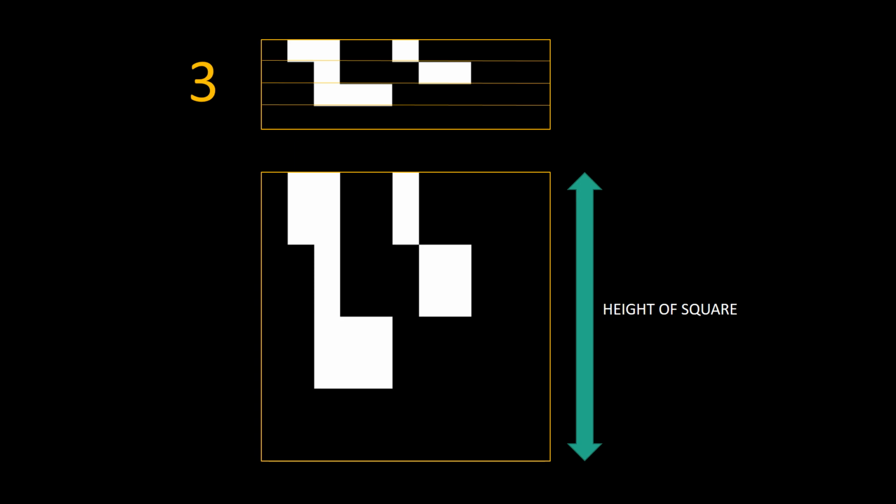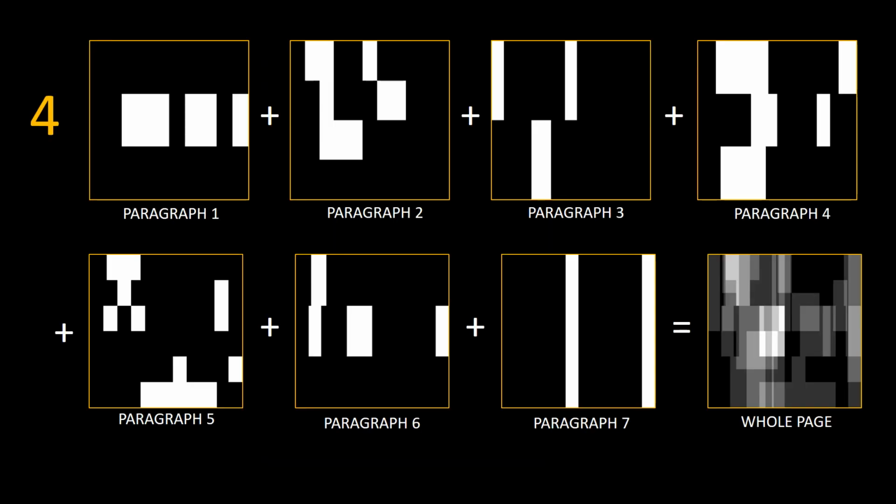Third, stacking the rows representing each paragraph and stretching the stack vertically to the height of a square. And then, fourth, overlaying and averaging the stretched images for all paragraphs. The result is a square grayscale image in which brighter or darker areas correspond to relative positions rightward and downward, where the target element is more or less prevalent.